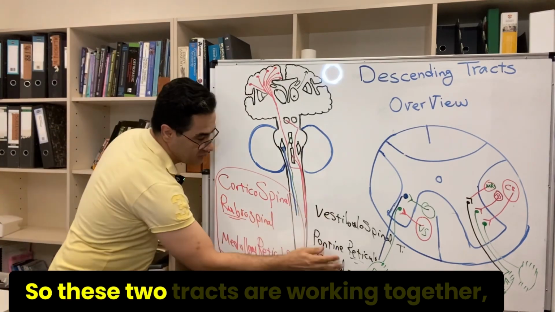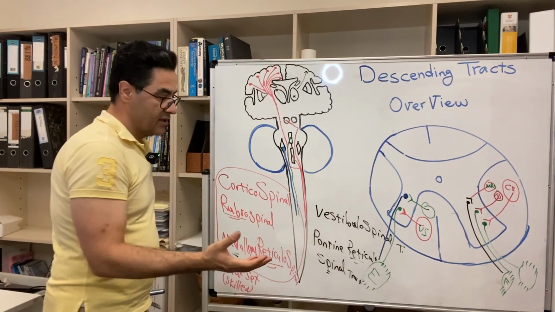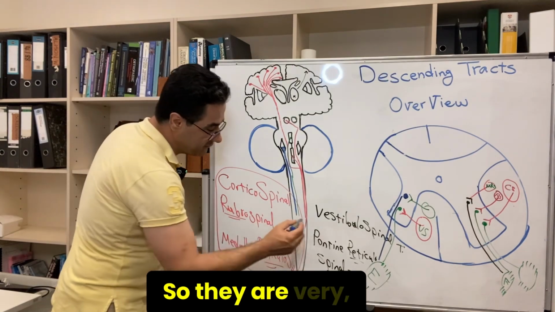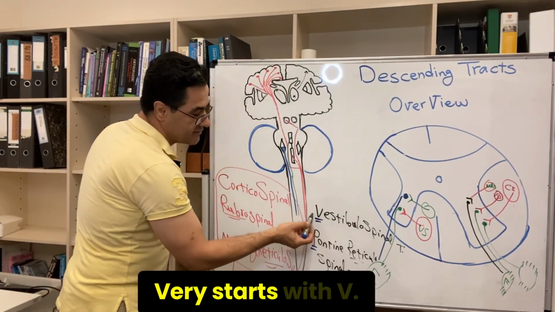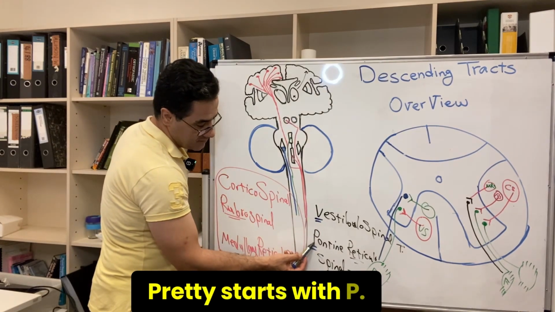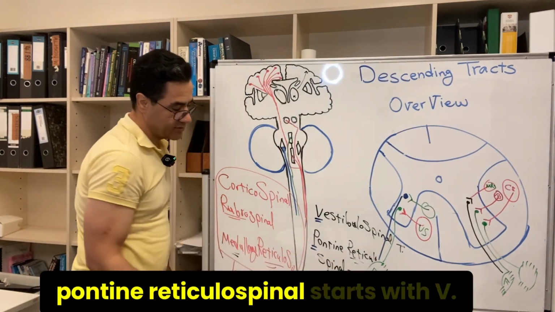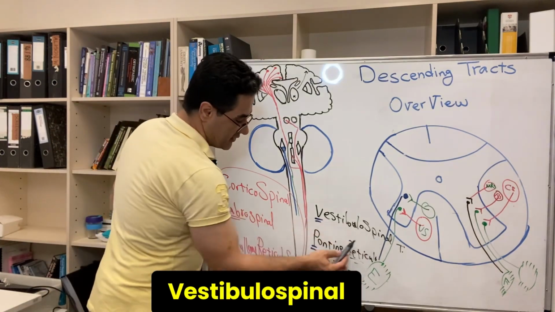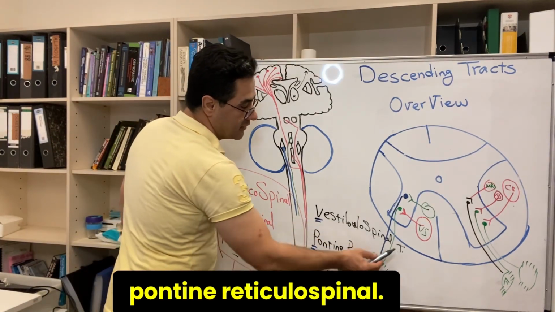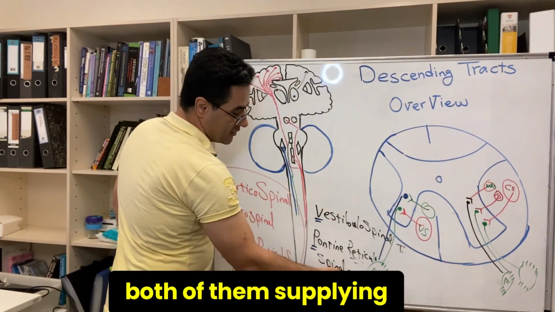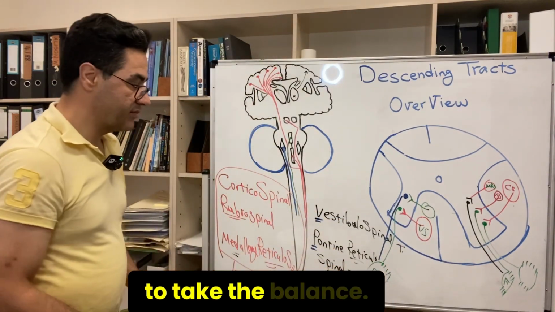So these two tracts are working together, supplying the extensor muscles to keep the balance. So they are very, very pretty. Very starts with V, vestibulospinal tract starts with V, pretty starts with P, pontine reticulospinal starts with P. So very pretty. Vestibulospinal, pontine reticulospinal, both of them landing in the ventral column, both of them supplying the extensor muscles to keep the balance.